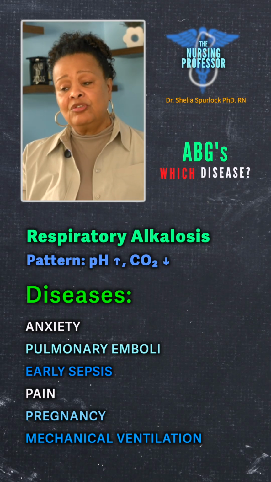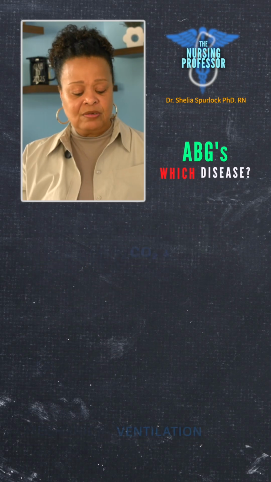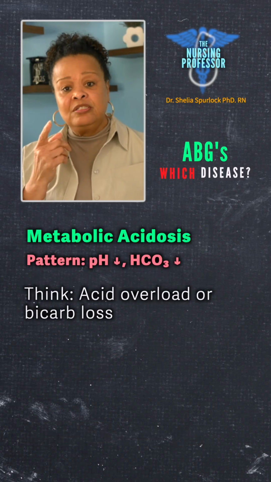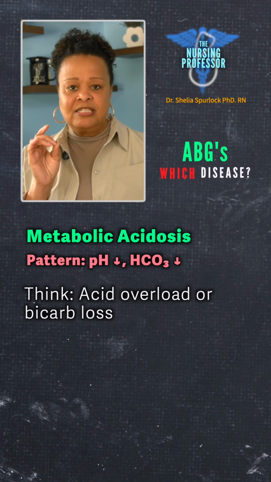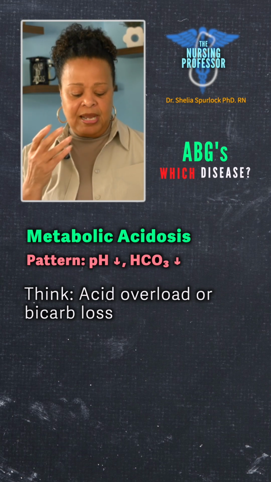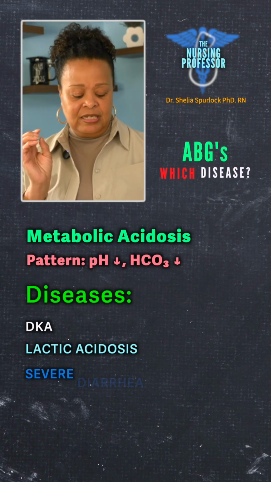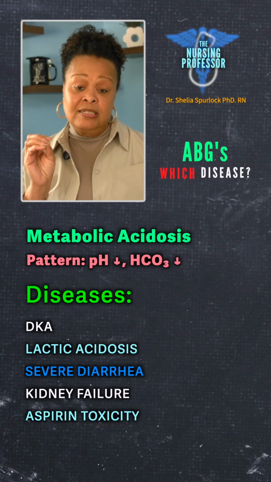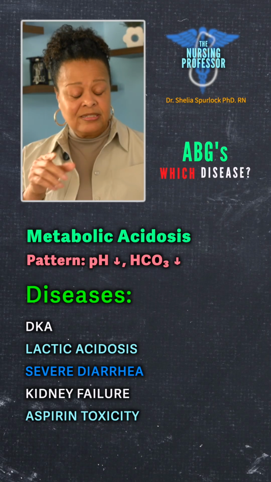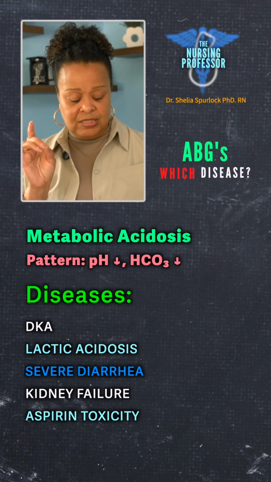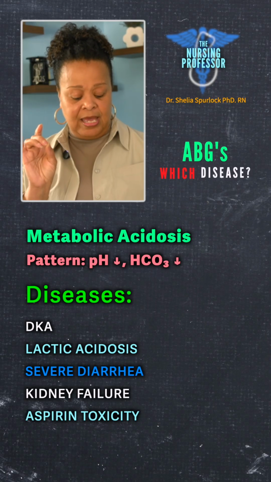All right. So the third disease that we're going to talk about is metabolic acidosis. This is when we're actually looking at bicarb, where you get a drop in bicarb. So it's too much acid or you're losing too much of a base. Common diseases we can see this in are DKA, diabetic ketoacidosis, lactic acidosis, severe diarrhea, kidney failure, and aspirin toxicity.